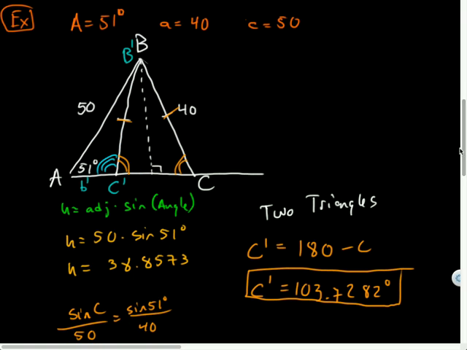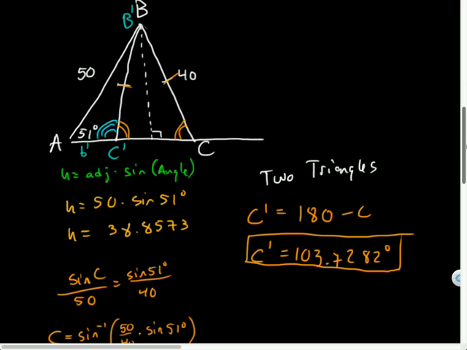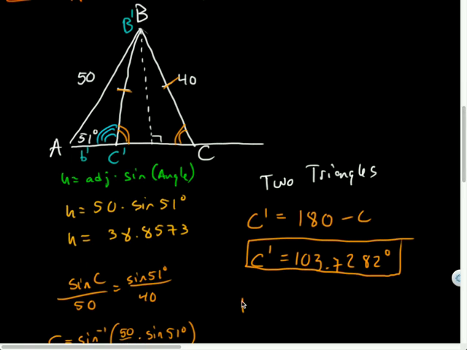Anyways, friends, notice C prime, or this alternate version, will always be obtuse. So if it's not obtuse, that means you messed up. So now that I know C prime, I can find B prime.